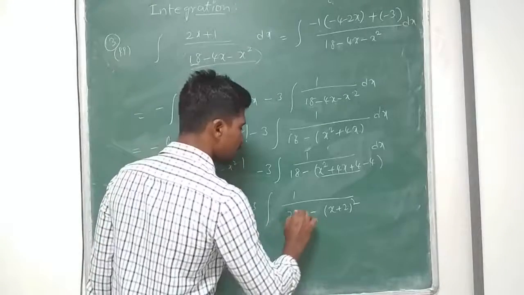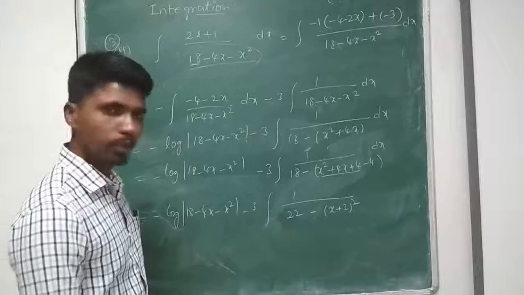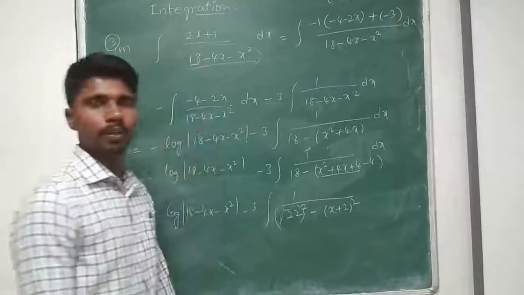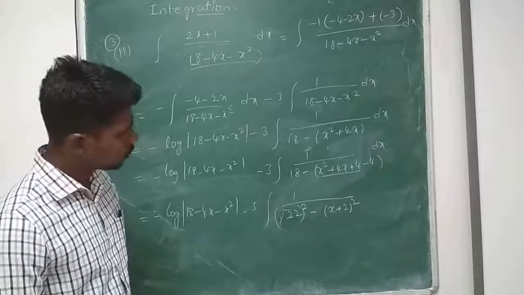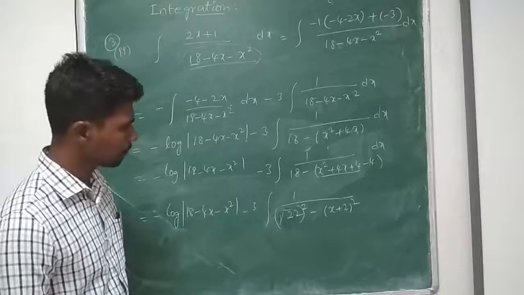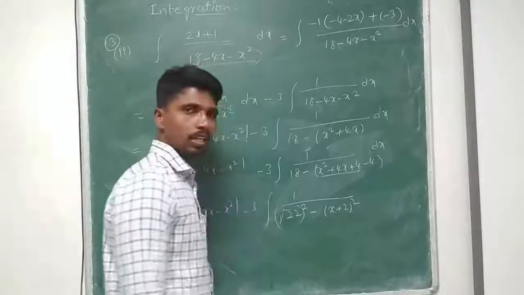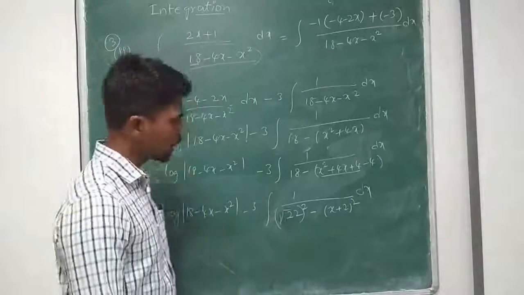So I am getting an answer as 22 minus x plus 2 the whole square. So 22 can be written as root 22 the whole square. Now it is in the form a square minus x square dx.